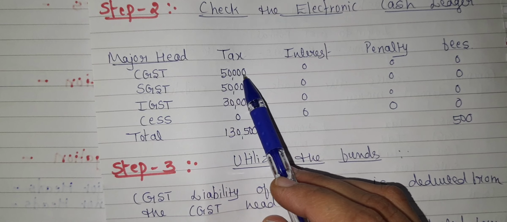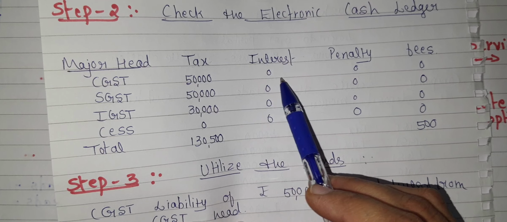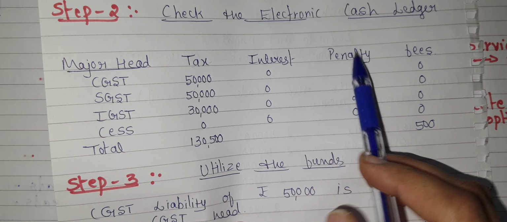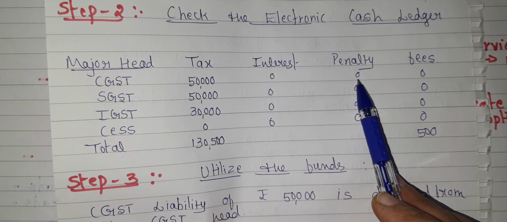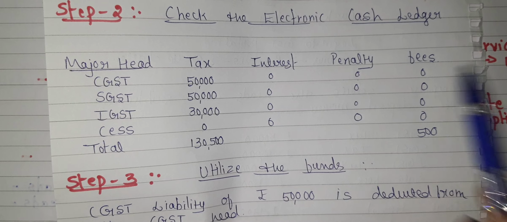Tax, CGST 50,000 and interest for CGST 0. Penalty for CGST is also 0, and fees for CGST is also 0.